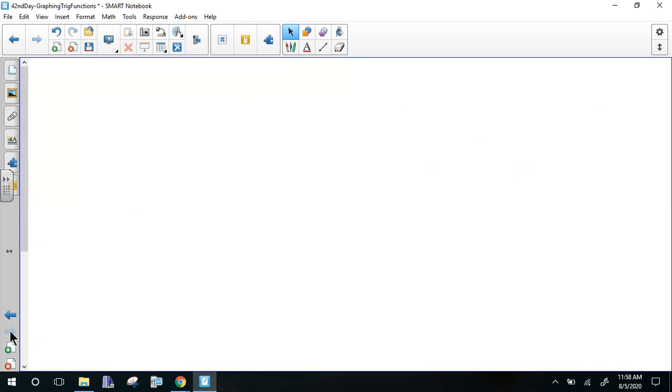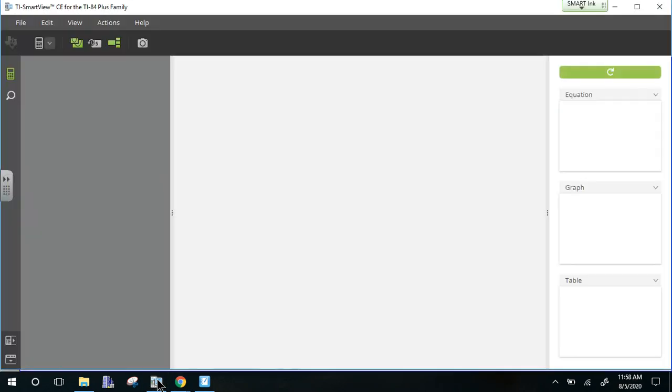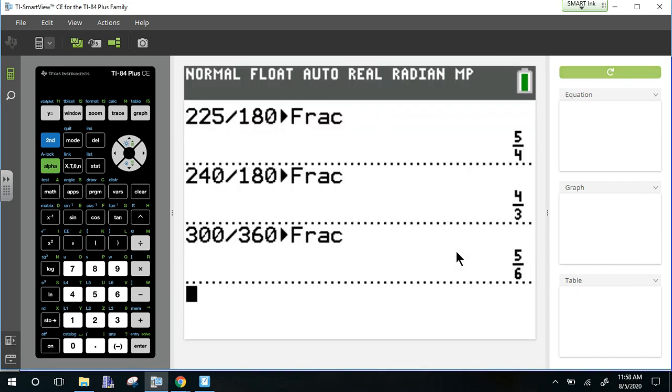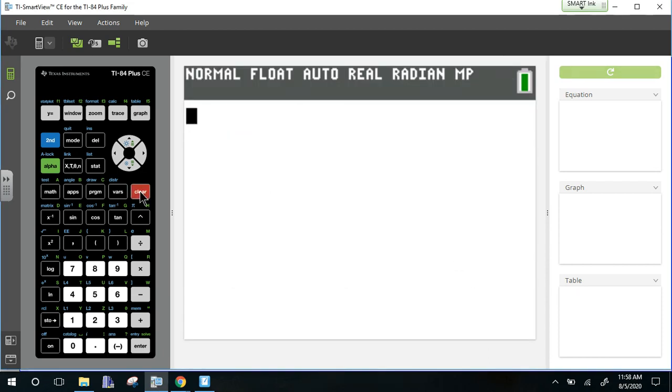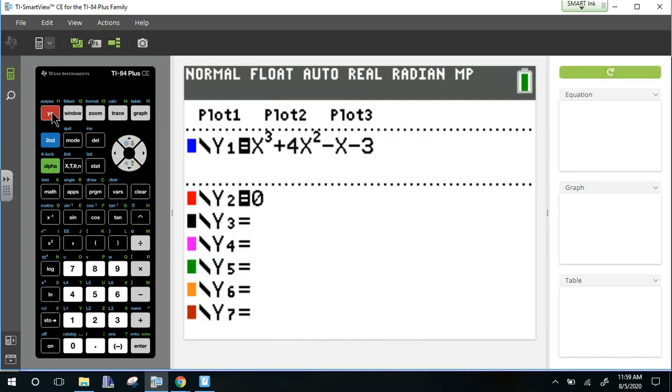So let's look at how to do it on the calculator. So first thing, I go to mode, and I want to make sure my mode is in radian, and we are. So go to y equals.